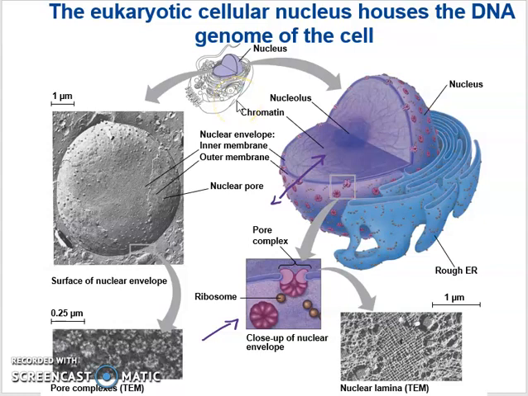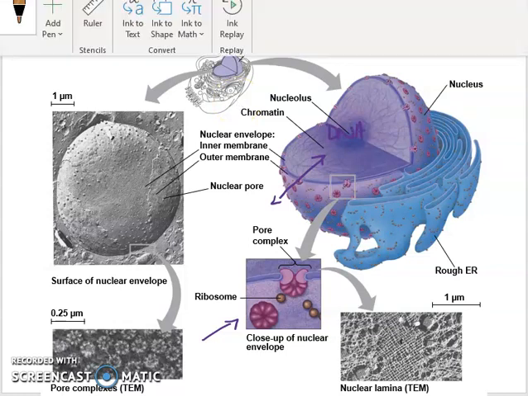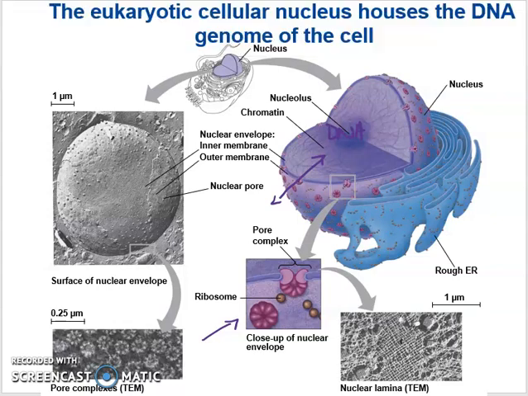So what comes out of the nucleus? Remember, the DNA is held inside. Let me just change this color really quick. So there is DNA inside the cell that's eventually turned, through a process called transcription, into RNA, messenger RNA to be specific.